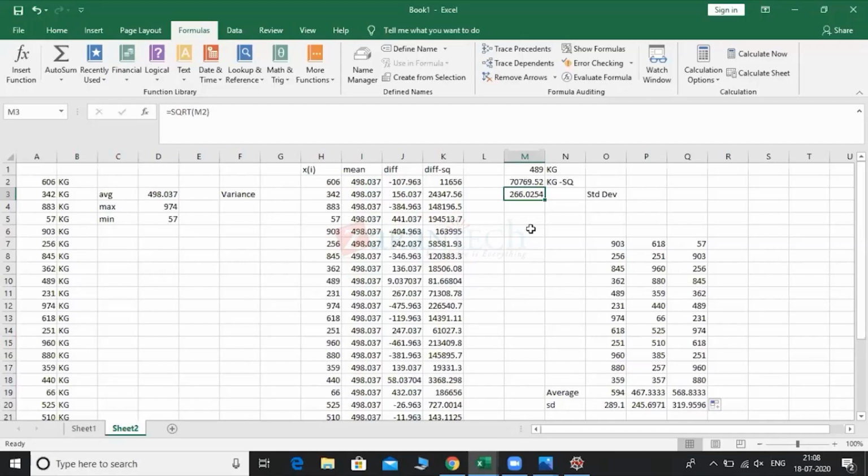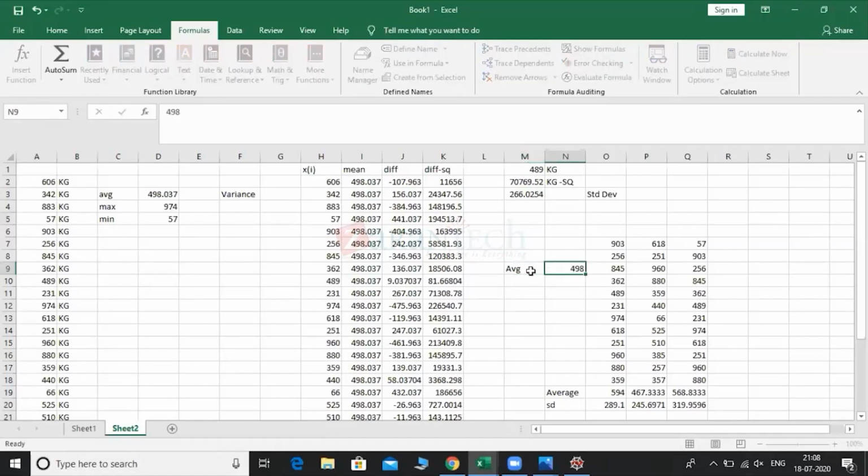Now tell me one thing. This is for the population, right? The average of the population is 498. The standard deviation of the population is what we have calculated here, 266.